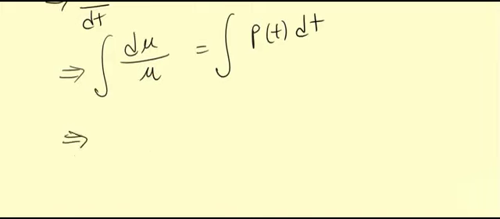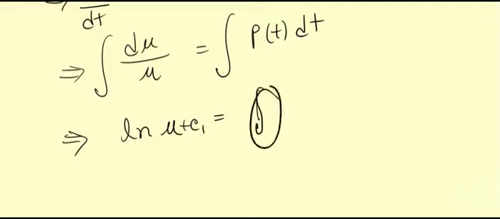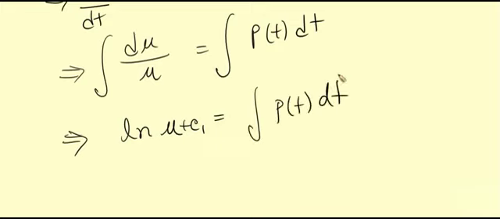If you integrate, there will be an ln mu, and that will be equal to, obviously, a constant c1 over here, plus the indefinite integration of pt dt. Obviously there is also a modulus sign over here, meaning the absolute value.